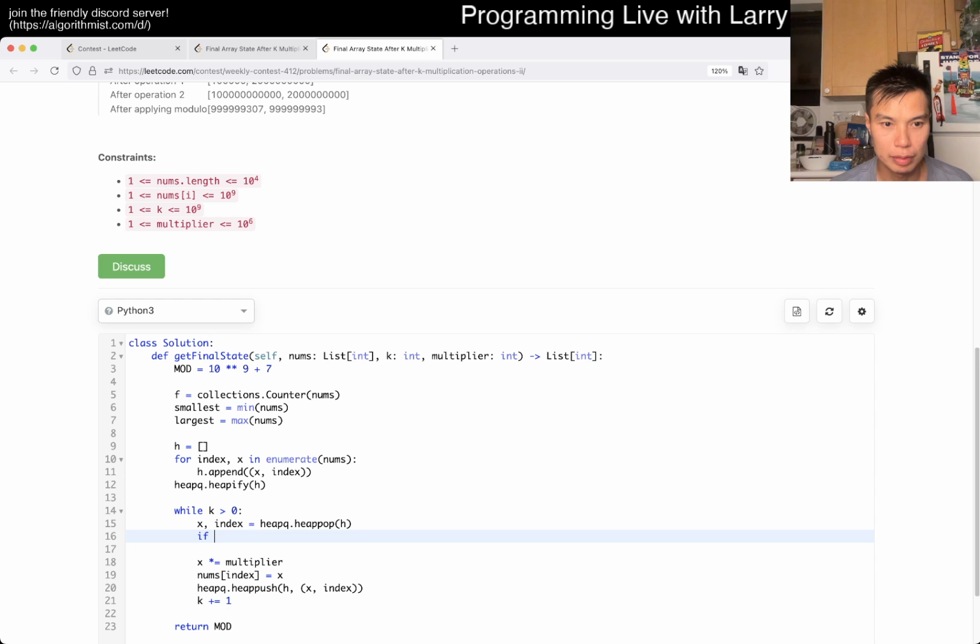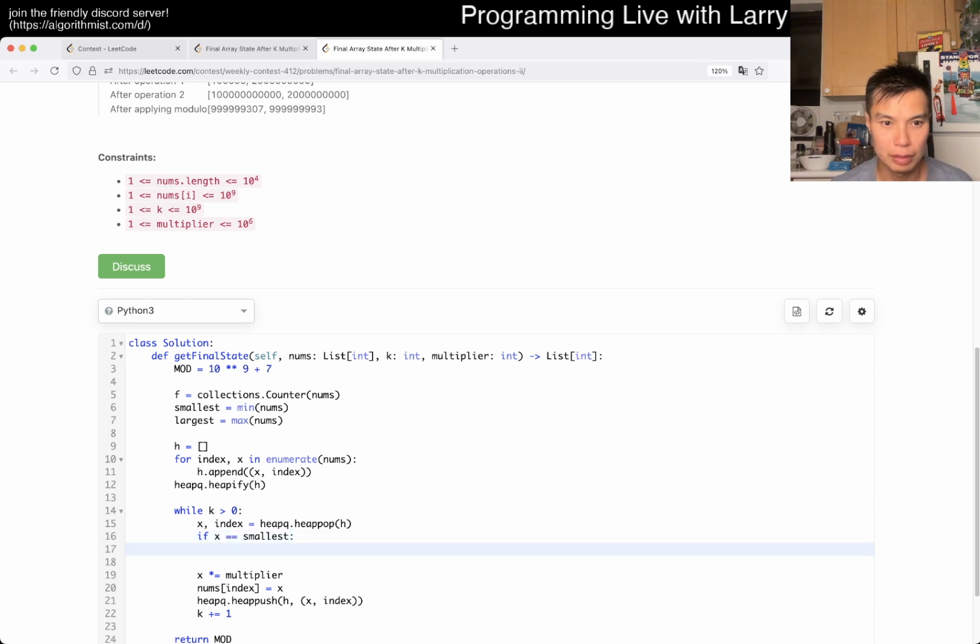If x is equal to smallest, actually we only need a count. I mean, if I have enough time, this is actually not that bad, I don't think.